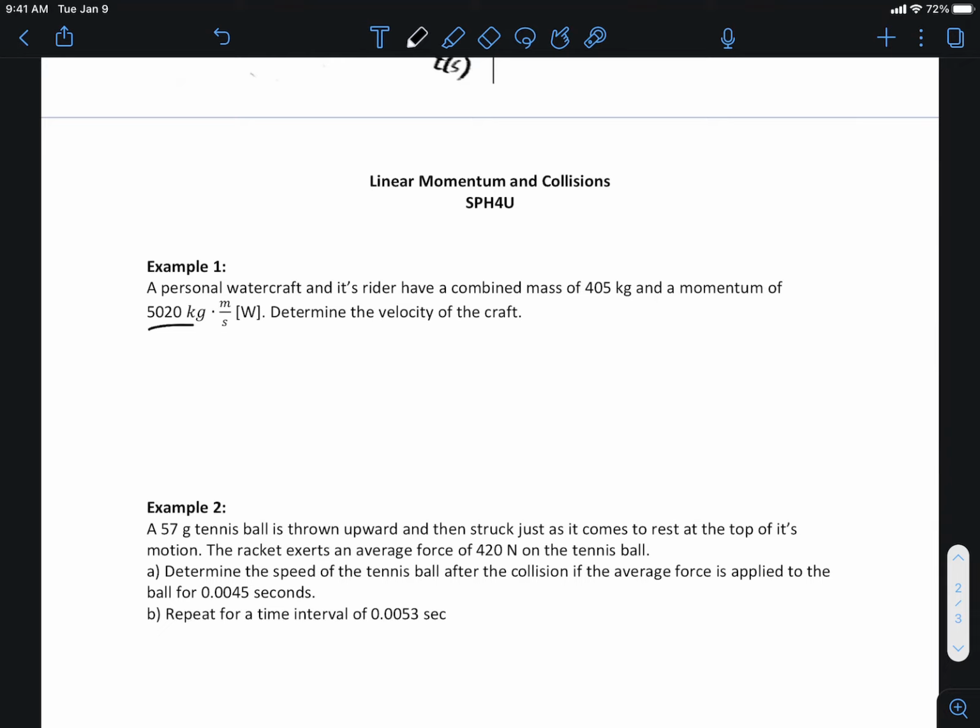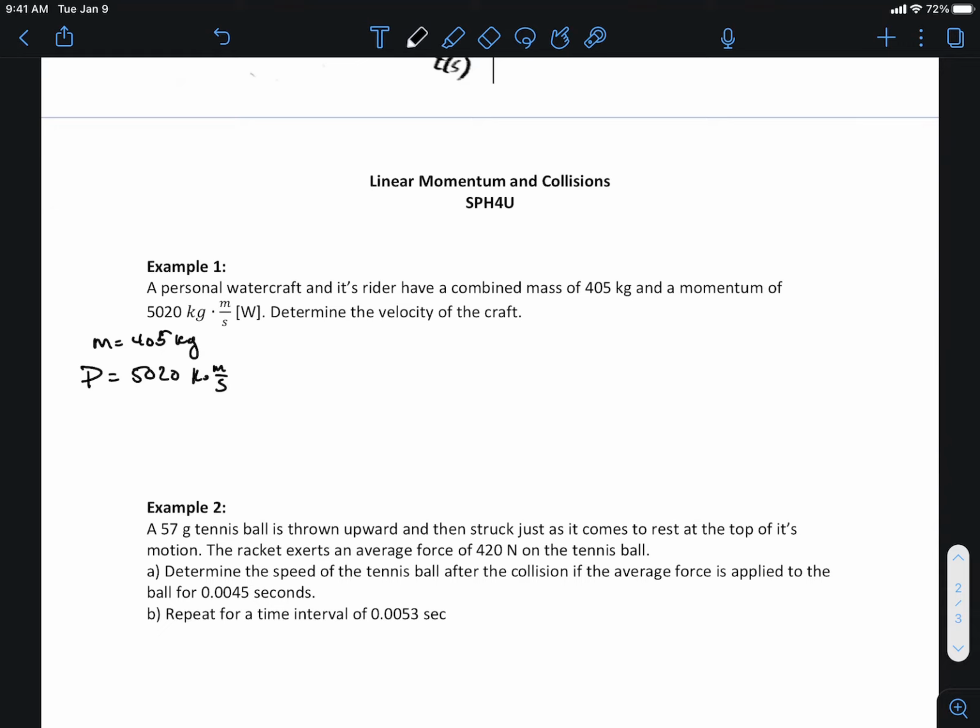Well, why don't we start with, we know that it gave us a mass. So the mass is going to equal 405 kilograms. And then we know that it has a momentum, a p-value, of 5,020 kilogram meter seconds.